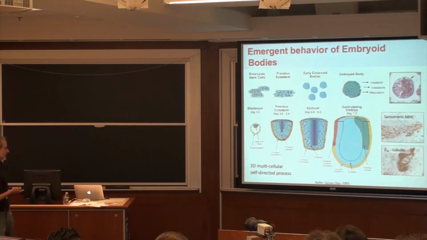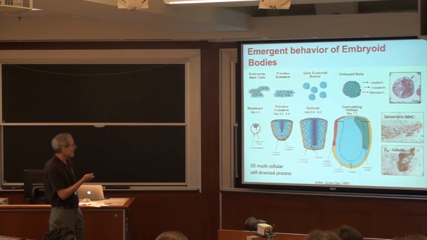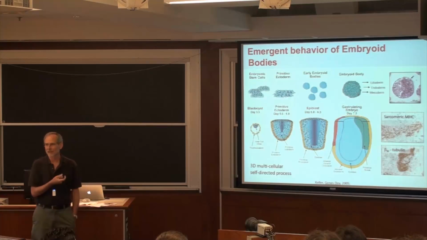So we've talked about, this is actually a slide I borrowed from Todd McDevitt's presentation, where you can think of the development of the gastrulation being replicated by phenomena that are occurring in an embryonic body.